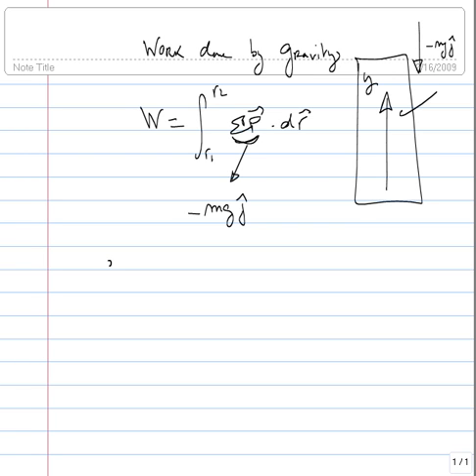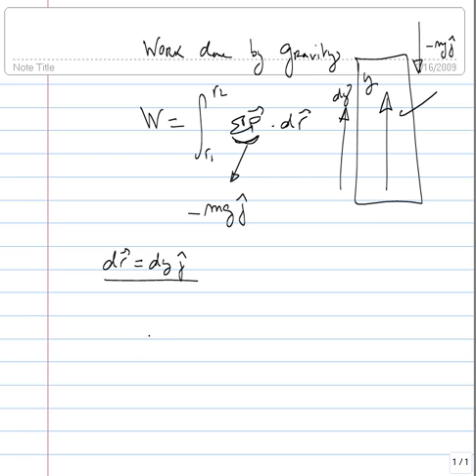Now dr, in this particular case, is dy j, because as the weight is applied to a particular object, since the force is directed down, it's either going to go up or down. If another force is being applied to counteract the weight, it's going to go up. If the weight is the only one, it's going to go down. So dr is just dy j.